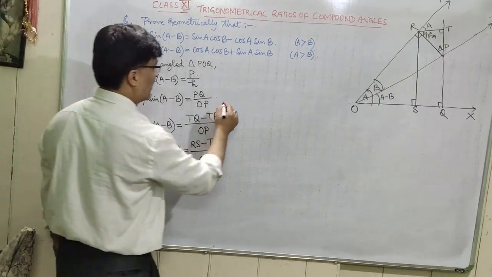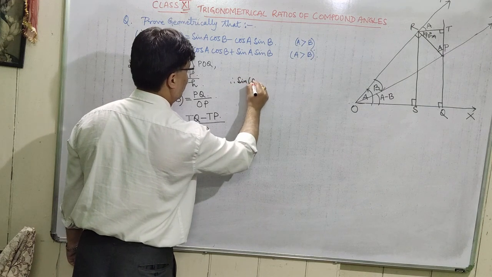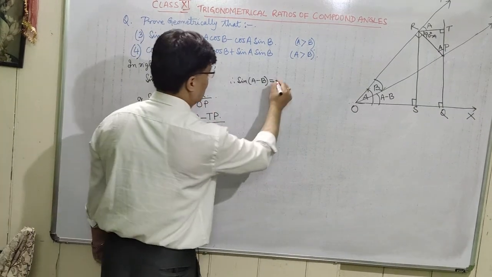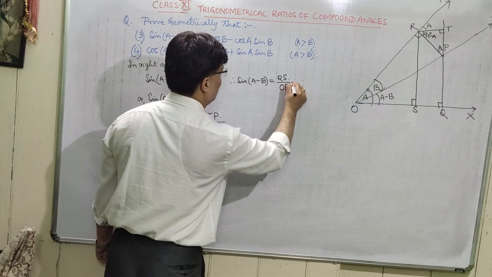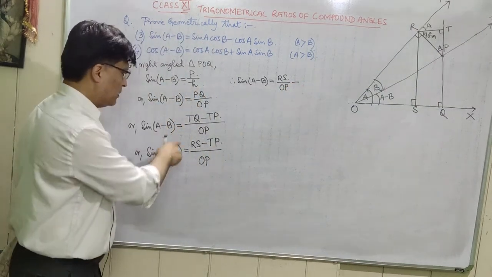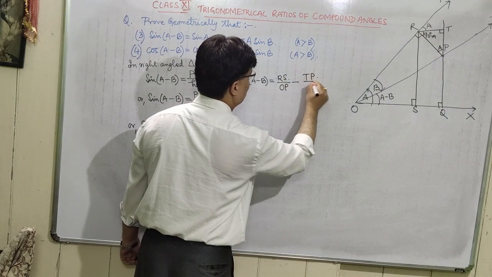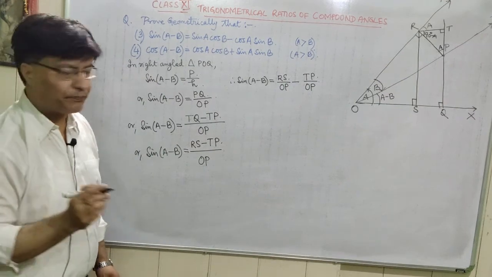So let us separate the fraction now. Therefore, sine of A minus B is equal to RS upon OP minus TP upon OP. Is that clear?